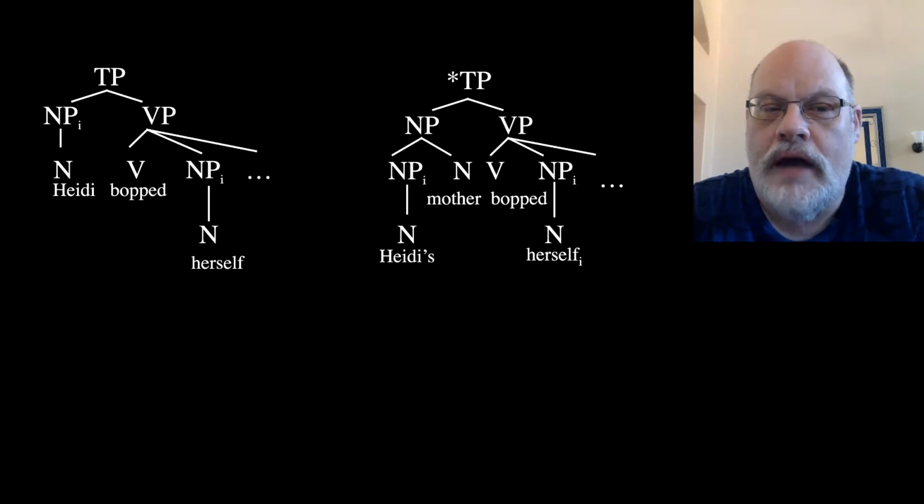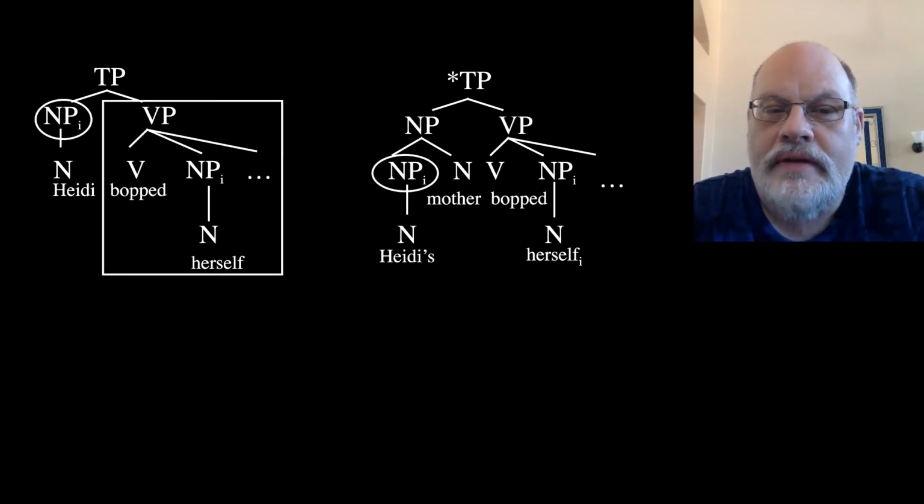So let's look at what the noun phrase Heidi C commands in the first tree. The noun phrase Heidi C commands that entire verb phrase. And we'll see then that the noun phrase anaphor herself is C commanded by the noun phrase that it is co-indexed with.